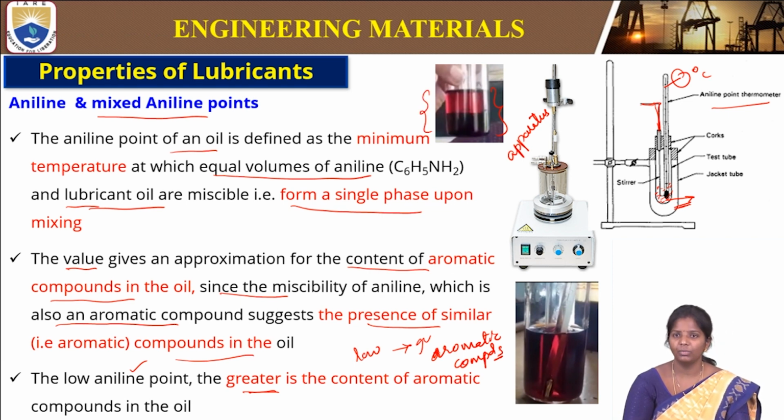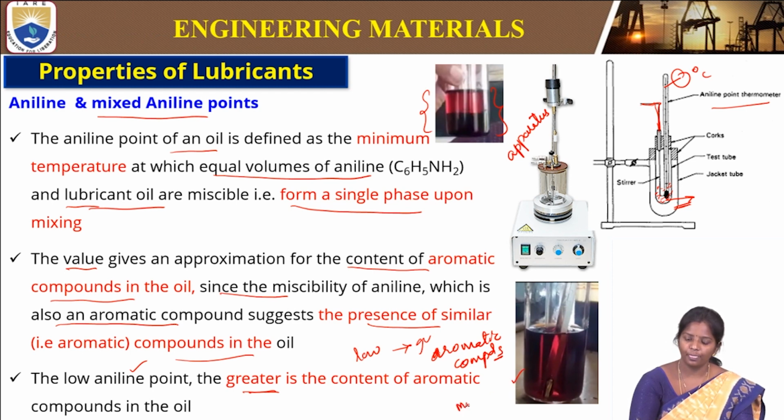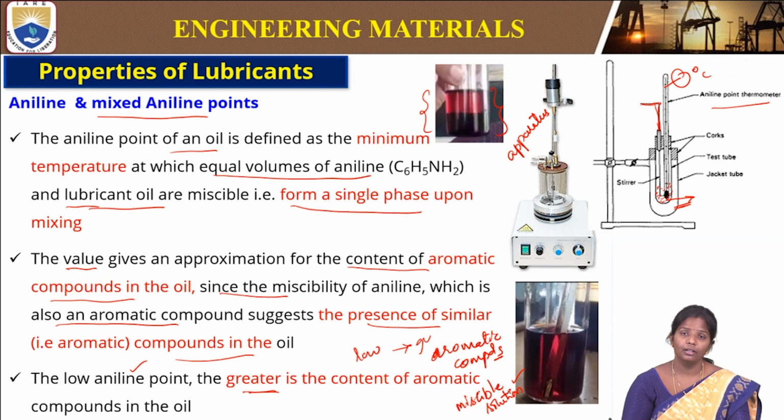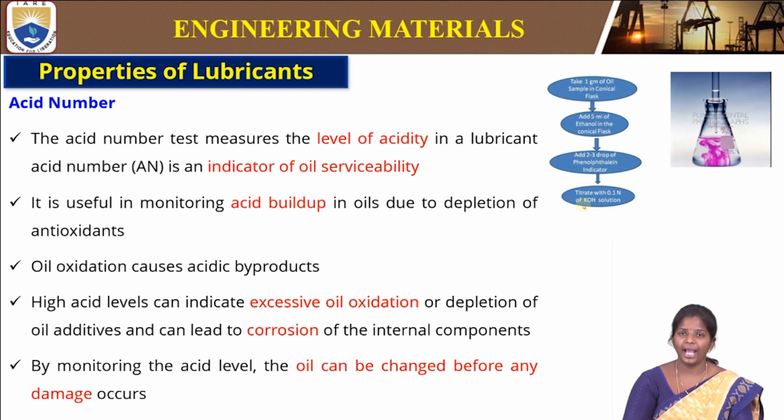So that is nothing but the lowest point where it forms a miscible solution, which is the aniline point. This is how we compare the aniline point with aromatic compounds present in a particular oil used for lubrication. Then comes the acid number.